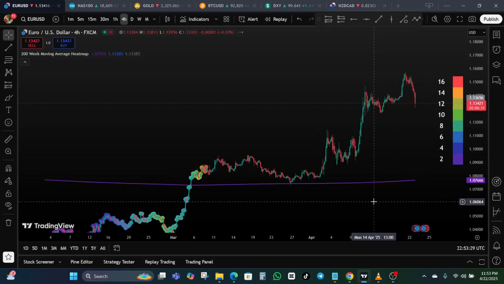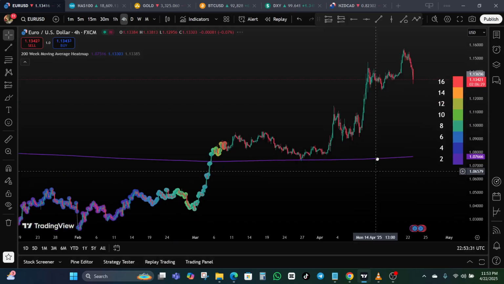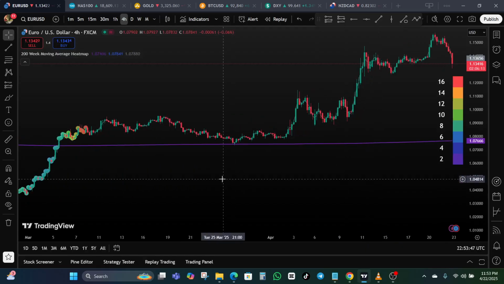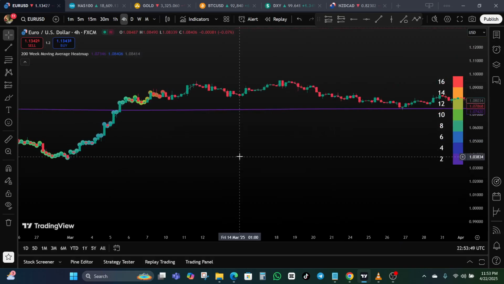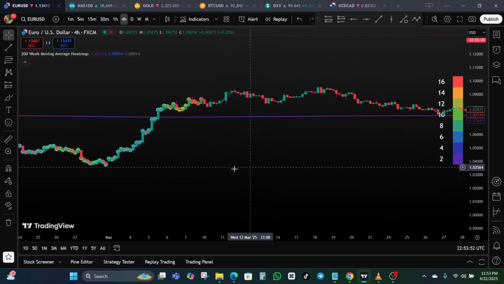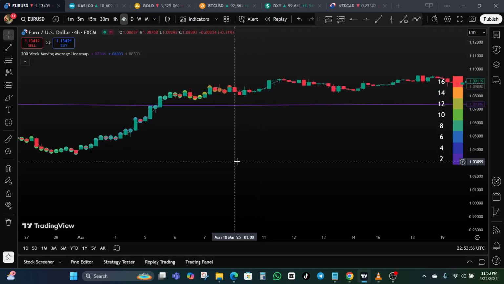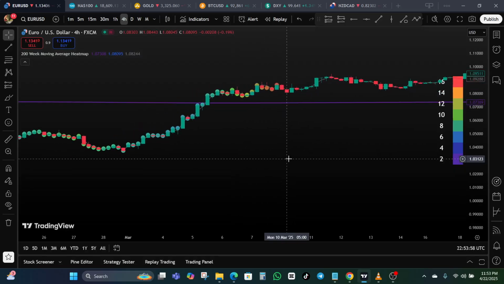Well, as you can see, it is a long-term trend following tool that plots the 200-week moving average on a chart and overlays a heat map color scheme to show how far price is from that average.